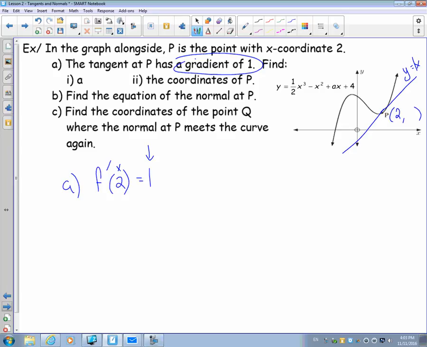So let's do our derivative. y prime equals 3 times a half. It's 3 halves, or 1.5 x squared. 2 times 1 is minus 2x. 1 times a is just a. We know that when we put x in as 2, the answer comes out to 1. So let's see what happens. x in is 2.